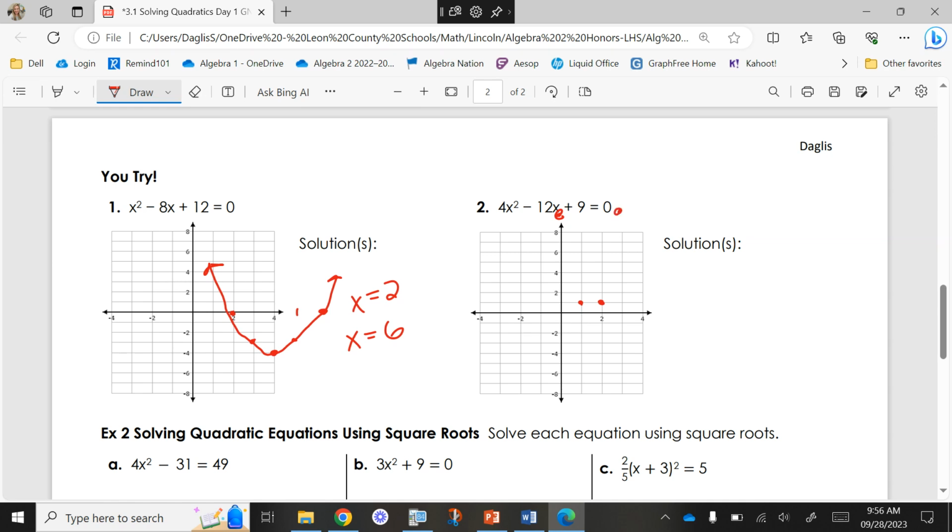So we can add my 2 points together, divide by 2 to cut them in half, which will put me right here. So 2 plus 1, divided by 2, gives me the 1.5. X equals 1.5. There we go.